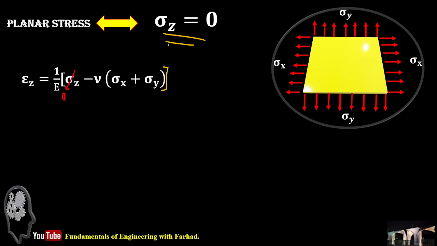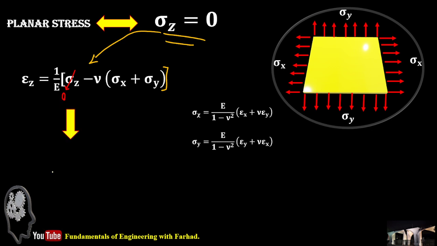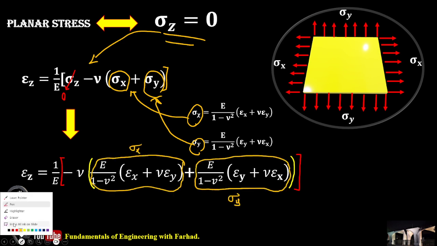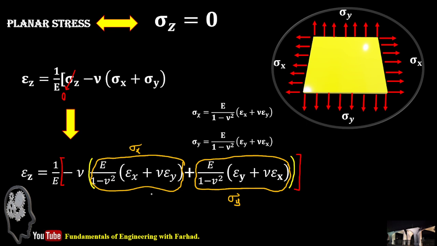In planar stress sigma z is equal to 0, so by replacing sigma x and sigma y from their equations in the main equation, epsilon z is 1 over E times negative nu times sigma x plus sigma y.